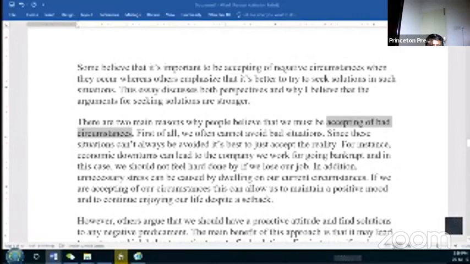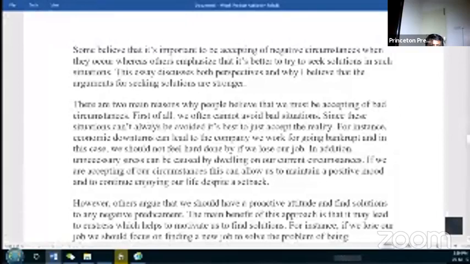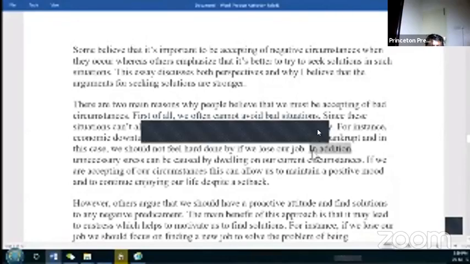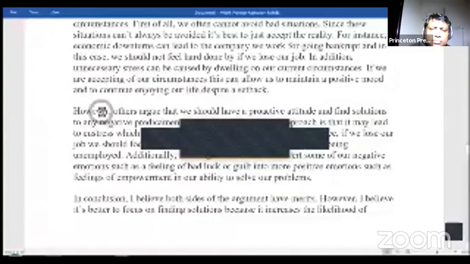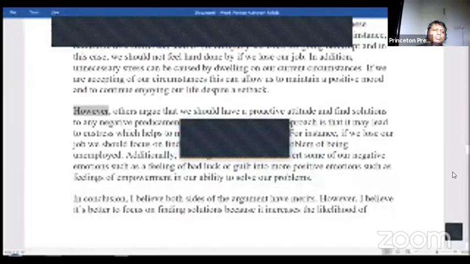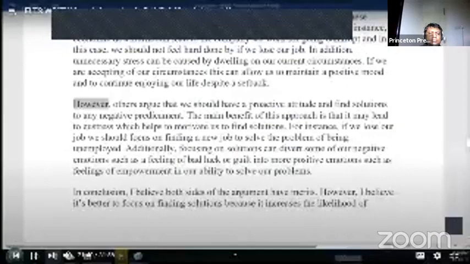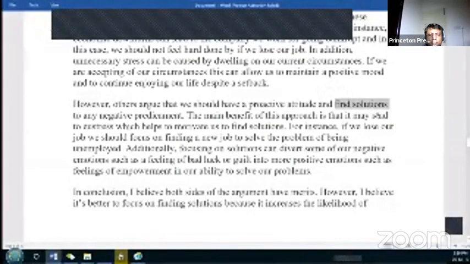Here's a linking phrase, first of all, and then we've got, for instance, to develop this, next main point, in addition, okay, then however, to signal to the reader that we're switching to the other side of the argument, and this is also indicated here, find solutions.